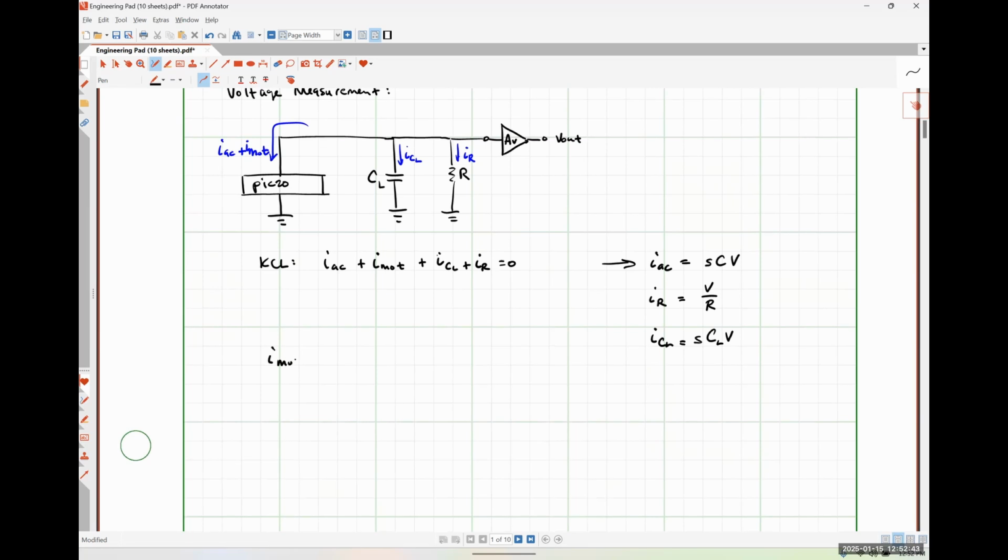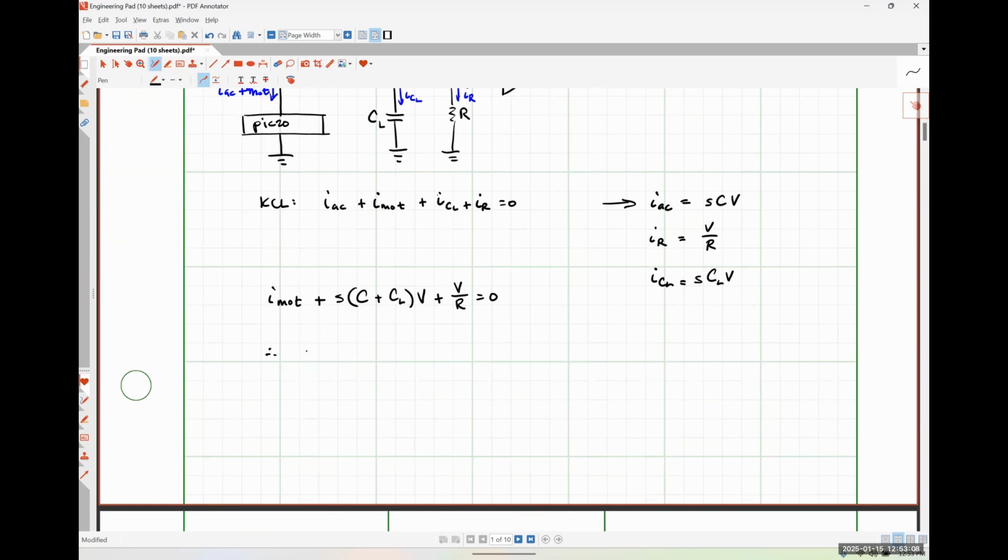So we would have I motional plus S, the capacitance of our piezo element, plus the capacitance of our capacitor CL, times V, our voltage, plus V divided by R is equal to zero.